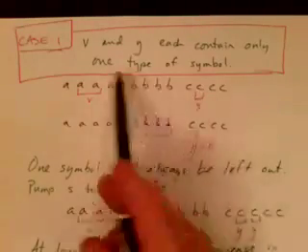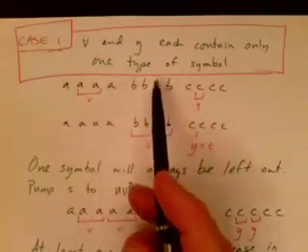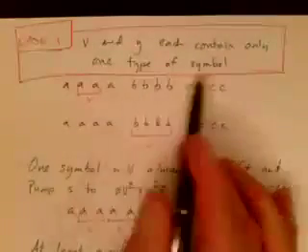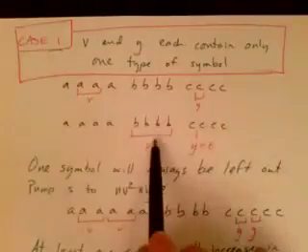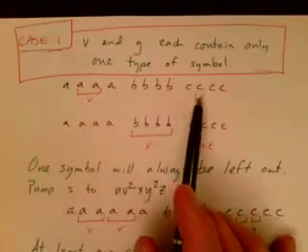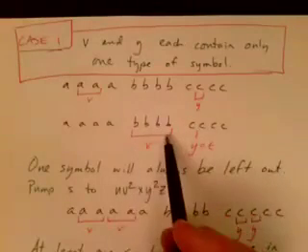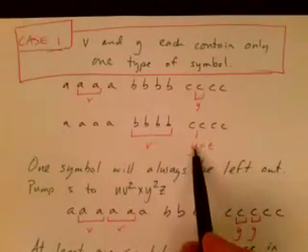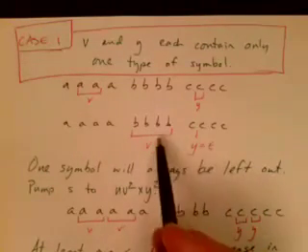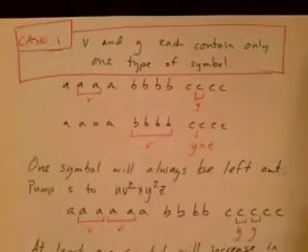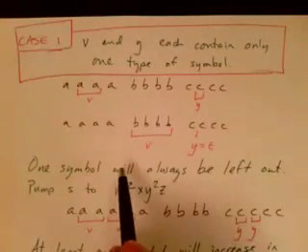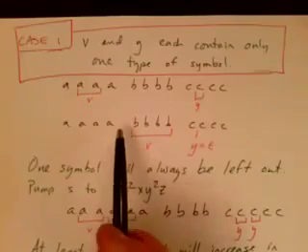And we're going to break this into 2 cases. Okay? The first case is that V and Y each contain only one type of symbol. And here are a couple of examples. V contains only A's, Y contains only C's. Here's another example. V contains B's, Y happens to be the empty string. The second case is that either V or Y has more than one kind of symbol in it.